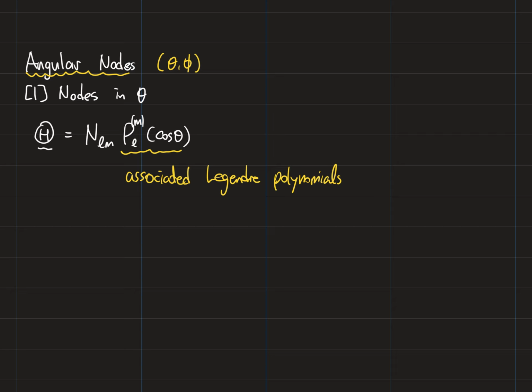So let's think about the number of nodes in the capital Theta. The number of nodes means the number of points where the function becomes zero, and it is strongly correlated with the number of roots, right? You might remember how to obtain the associated Legendre polynomials from the Legendre polynomials. It looks like there is some relation.